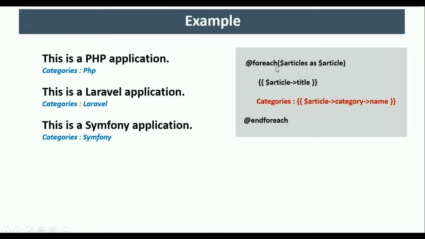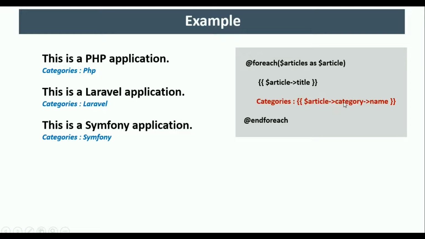If you see this particular loop in your view file, your blade file, I am using a foreach, and this foreach is looping over the articles variable. So it is displaying the article title, and here in the red line you see article, category and name.